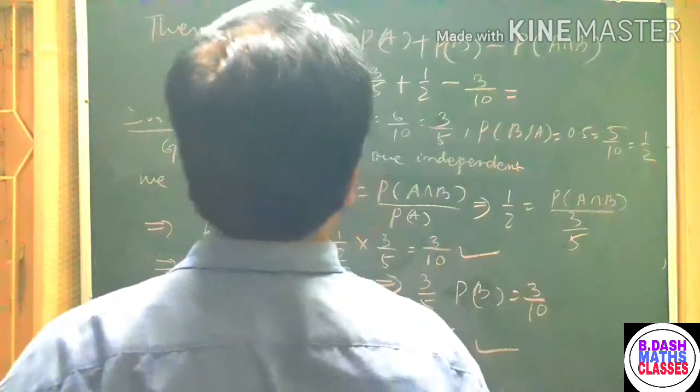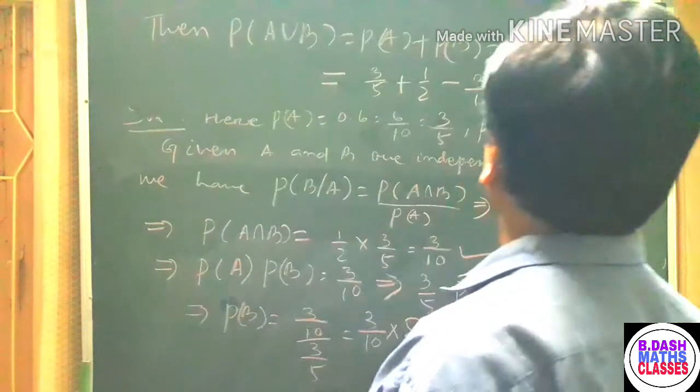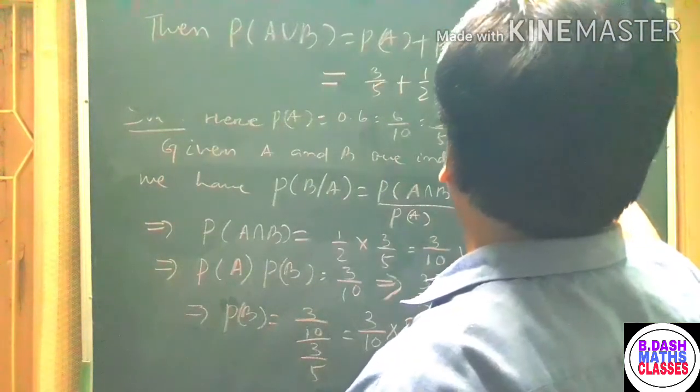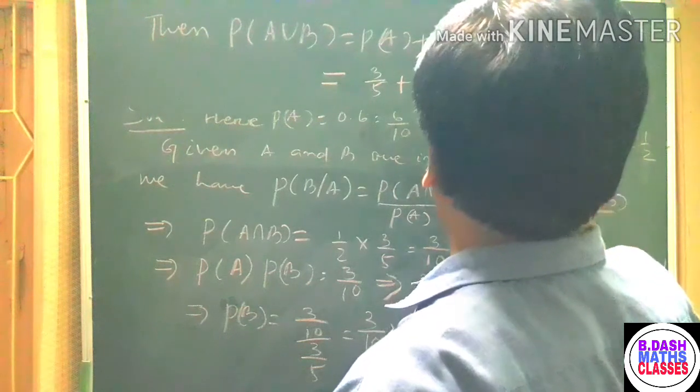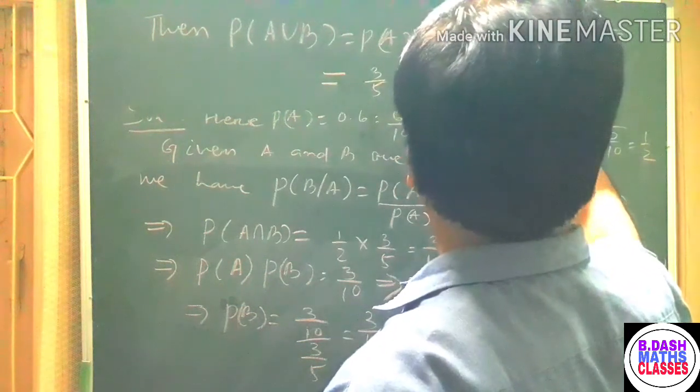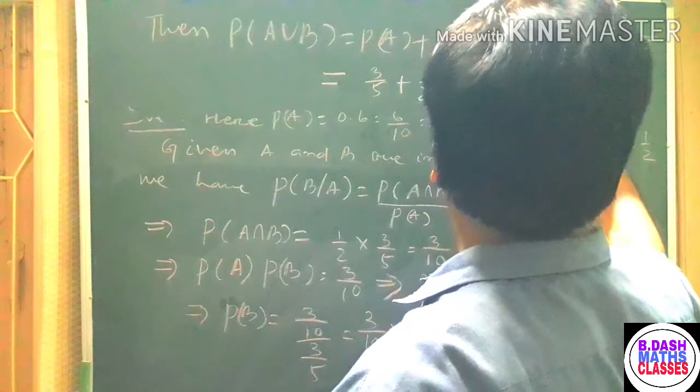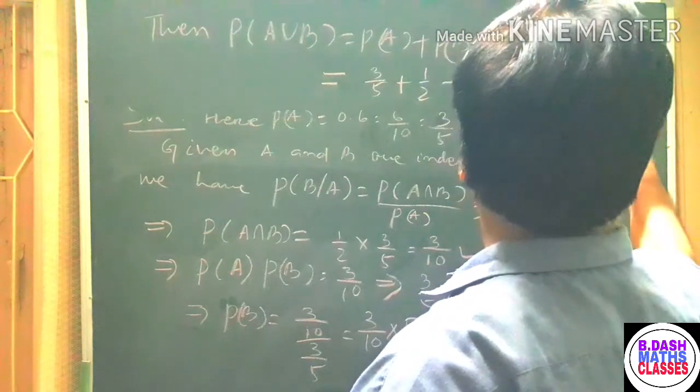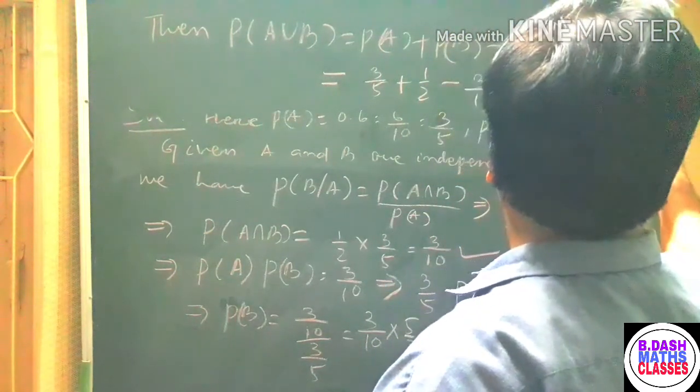So this is equal to, 10 is the LCM, 6 plus 5 minus 3, 8 by 10, which is equal to 4 by 5.